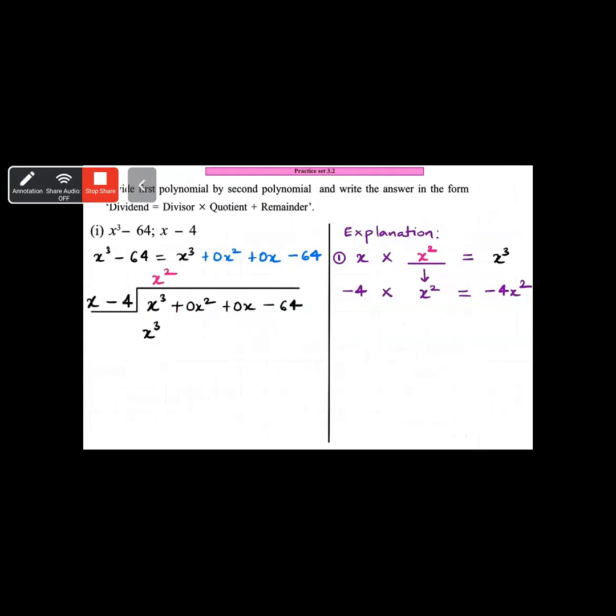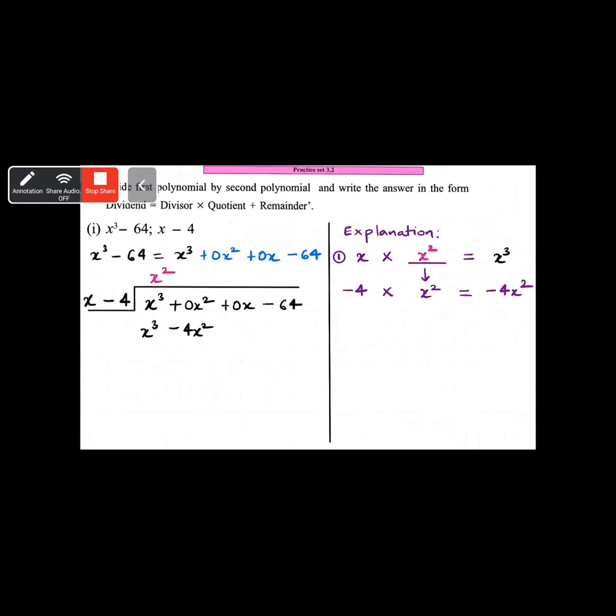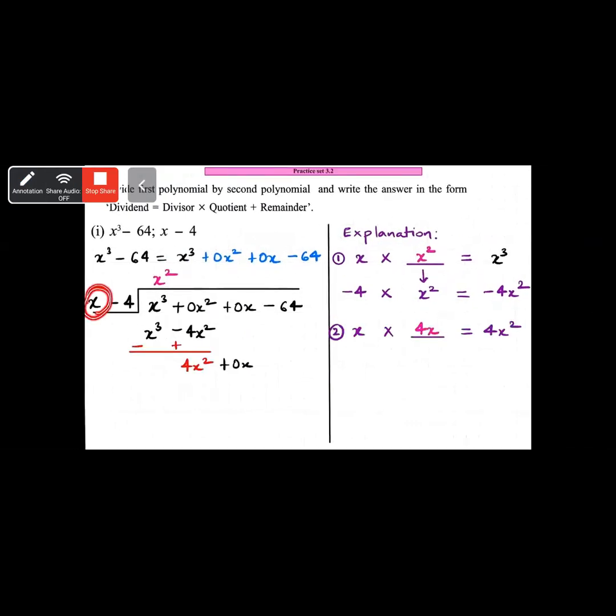So now this is done. Now x square multiplied by x minus 4 is x cube minus 4x square. x cube minus 4x square is written over here. When you do the subtraction, x cube minus x cube will get reduced. 0x square plus 4x square is equal to 4x square, plus 0x you will write next to 4x square.